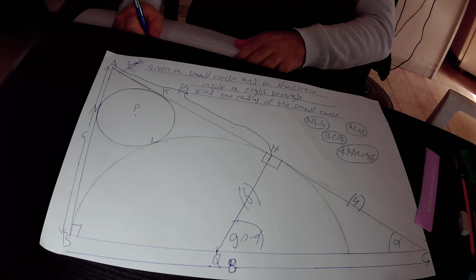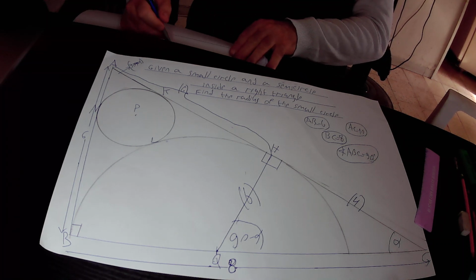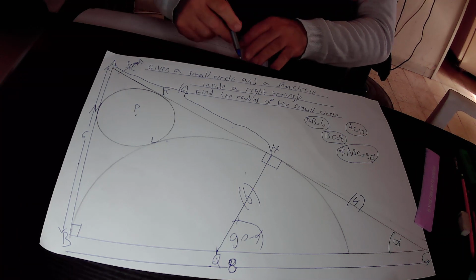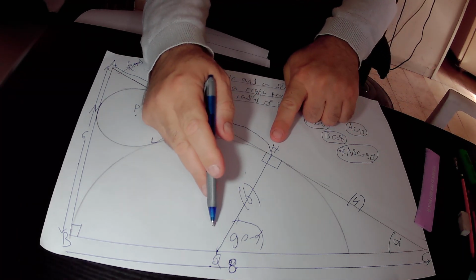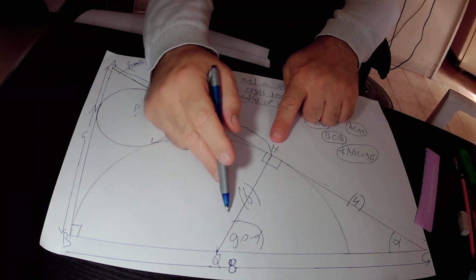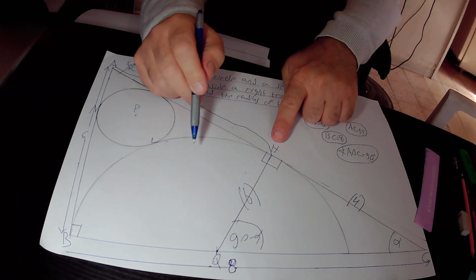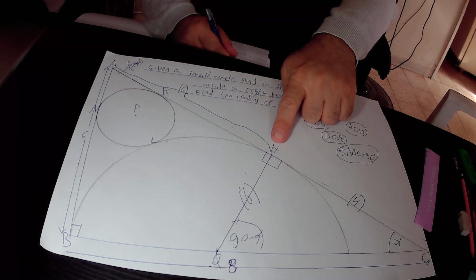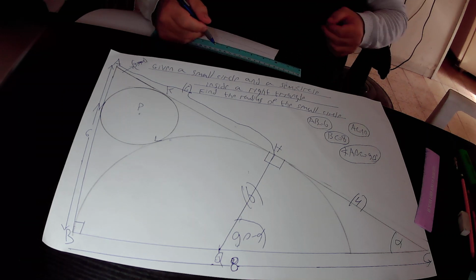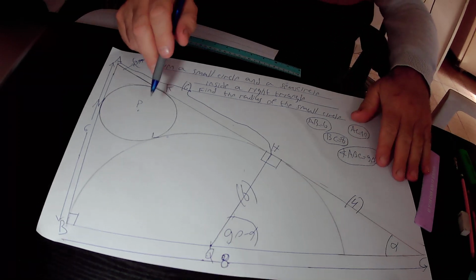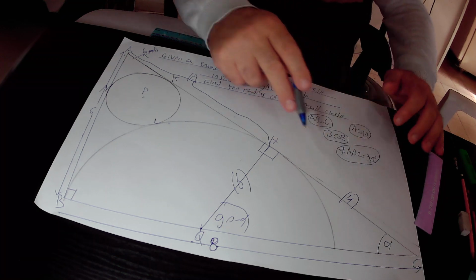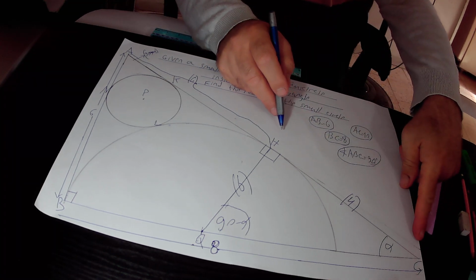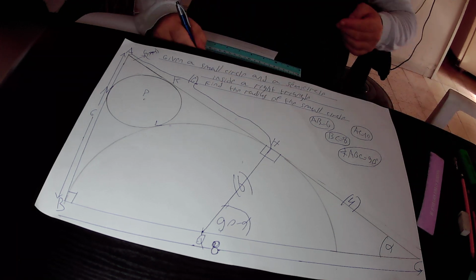AB is 6 over HQ. HQ is B, the radius of this big semicircle, which equals B according to our definition, and it equals BC is 8 over HC, that is 4.